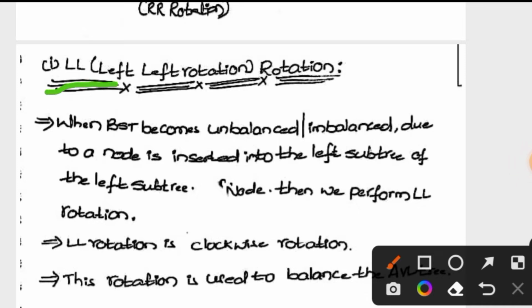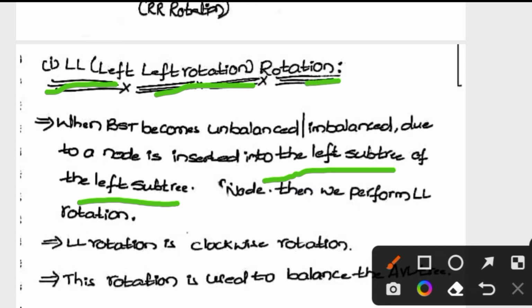The first one is left rotation. When a BST becomes imbalanced because a node is inserted into the left subtree of the left subtree, at that situation we can apply the LL rotation.